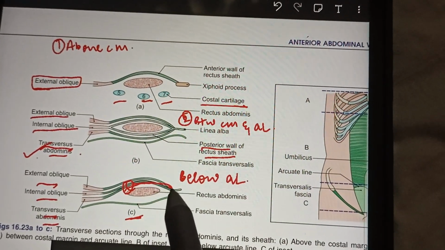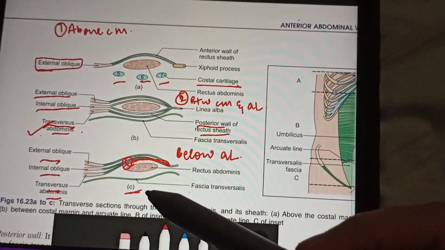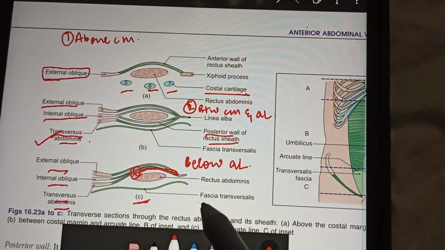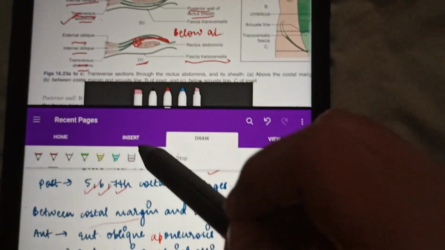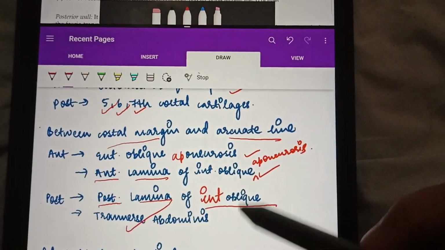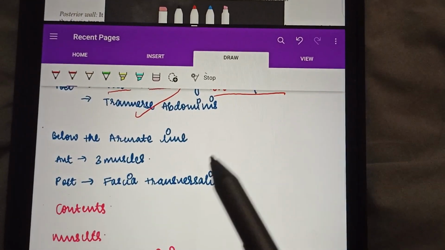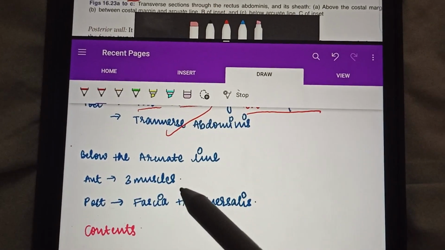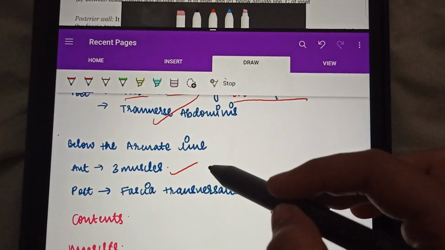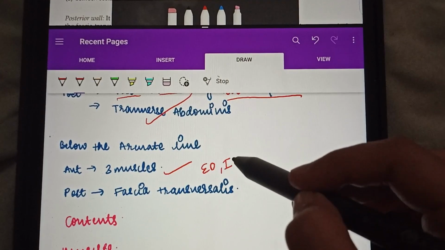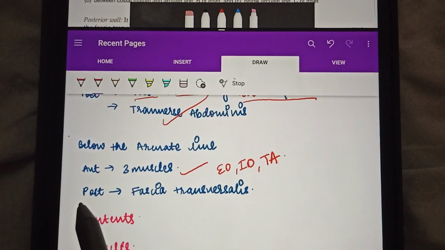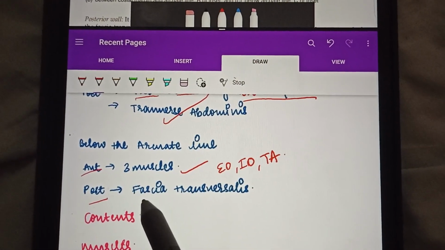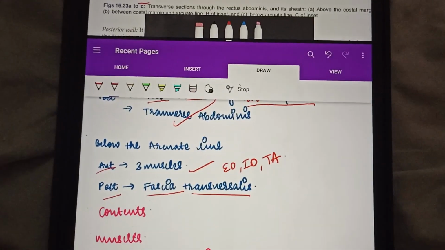Posteriorly it just rests on the fascia transversalis. So below the arcuate line it is formed by all the three muscles, that is the external oblique, internal oblique and transversus abdominis, and posteriorly it rests on the fascia transversalis.